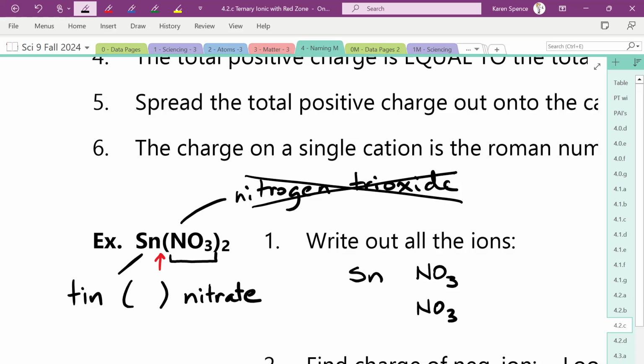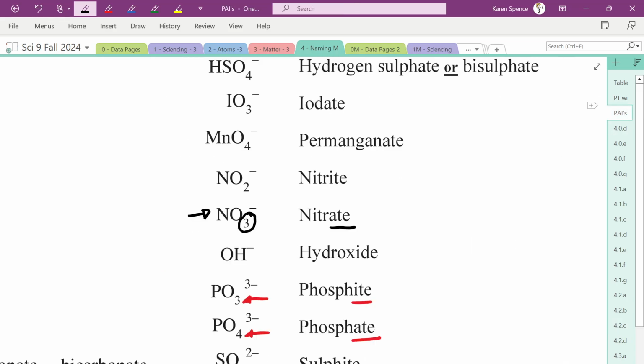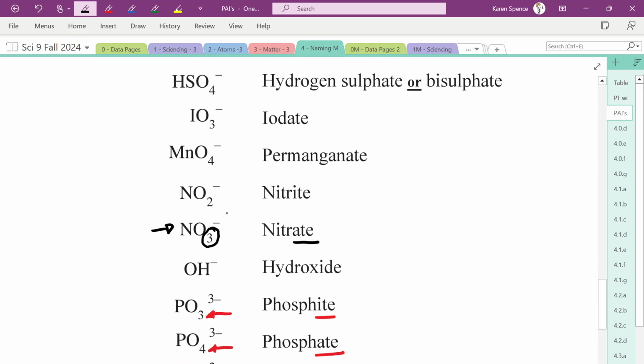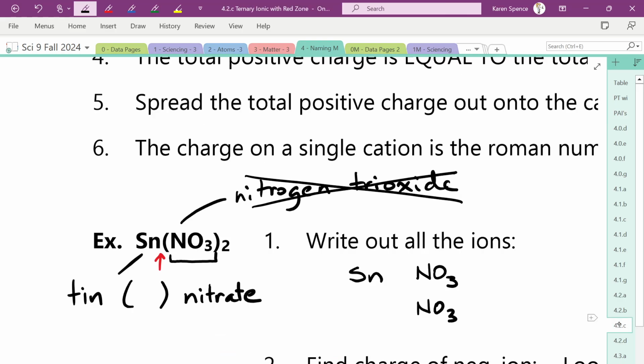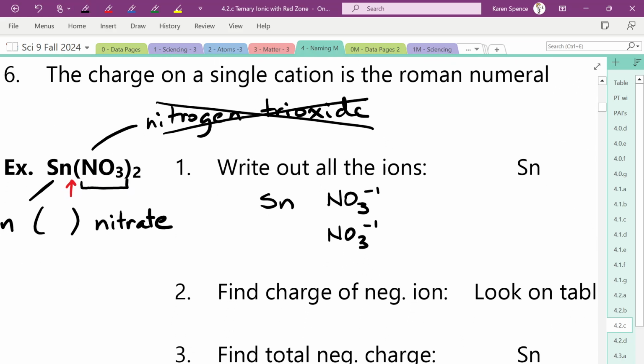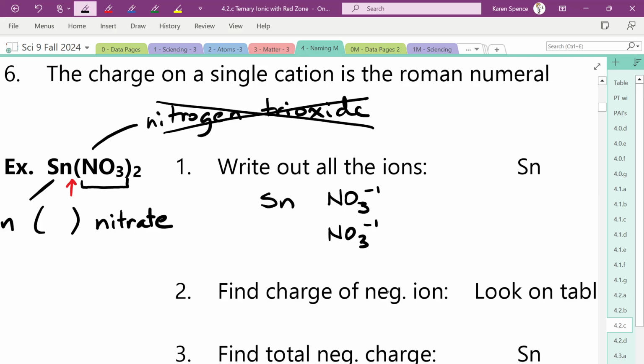Then you're going to check the charge of the negative one on your green sheet. You'll look and you'll say nitrate is negative, so that means -1.